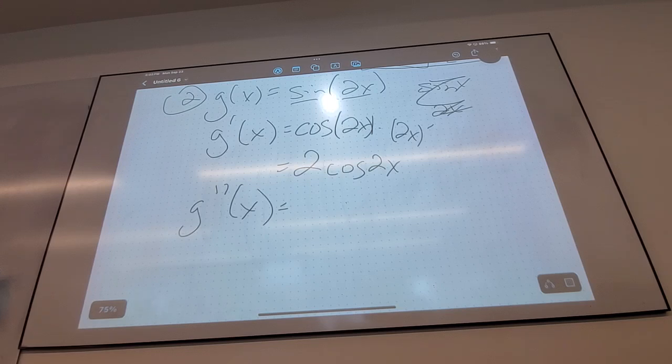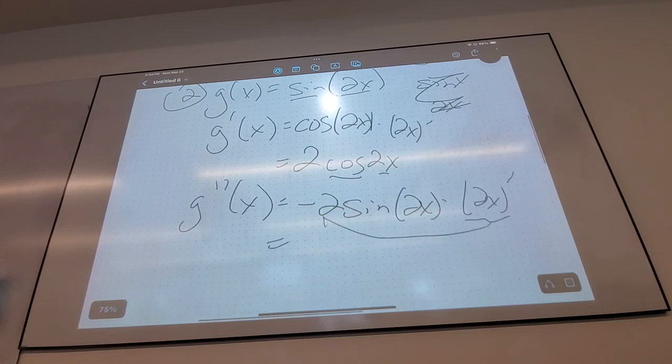Let's try it. How do you take the derivative of cosine of stuff? Negative sine of stuff. Was there stuff inside? Yep. It gets a turn. What's the derivative of 2x? 2 times 2, 4.